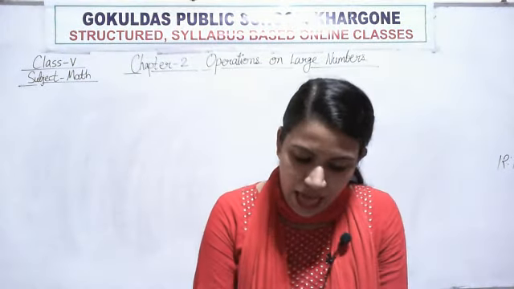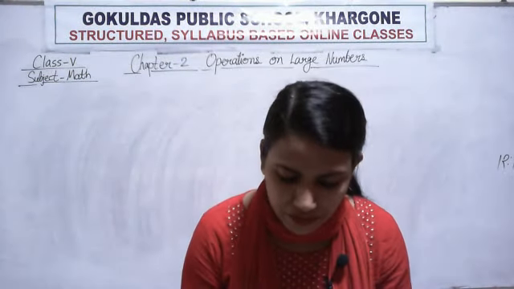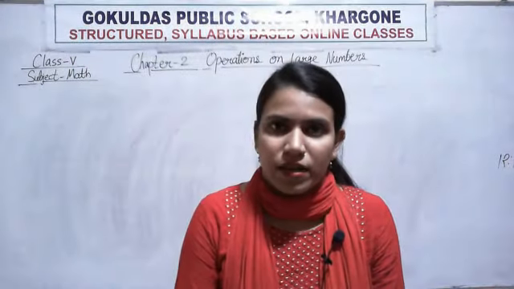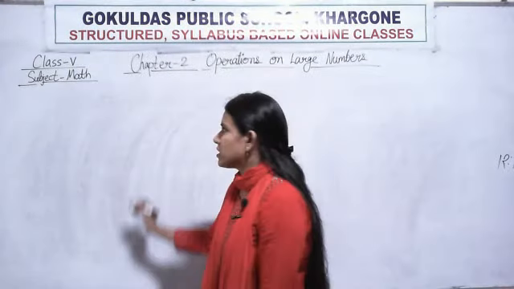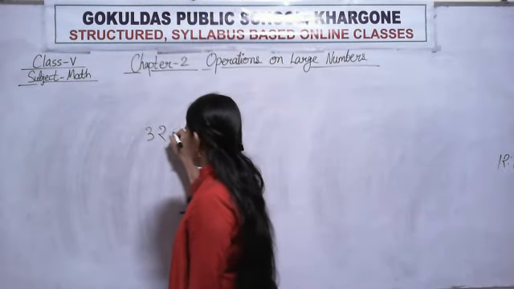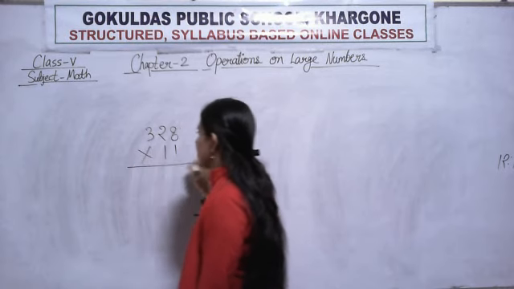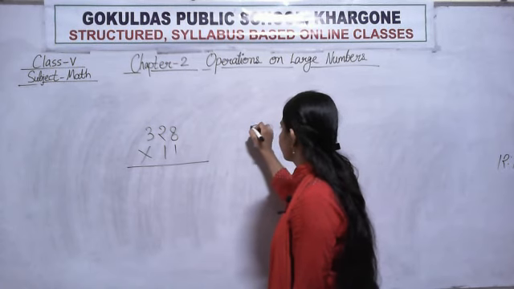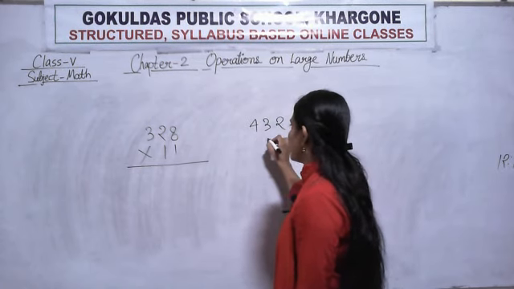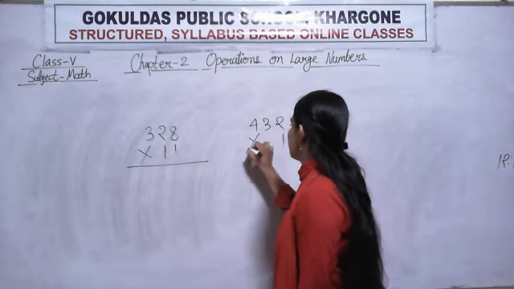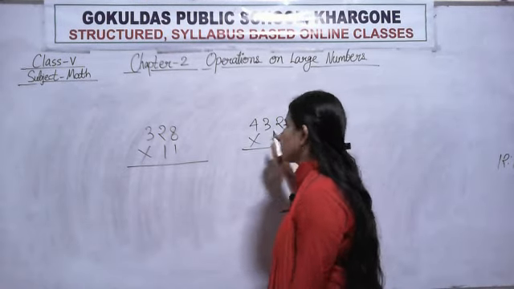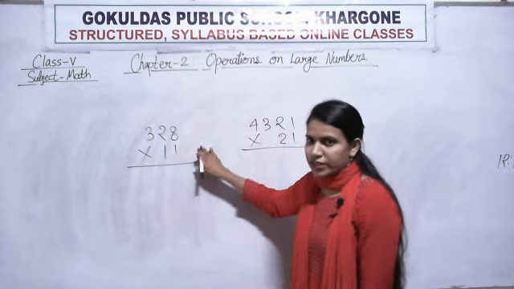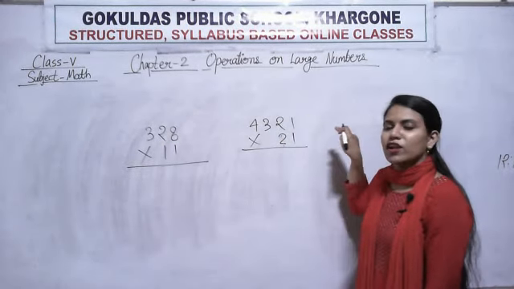We have already learnt how to multiply 3-digit numbers and how to multiply 4-digit numbers by a 2-digit number, right? In your previous classes you learned how to multiply a 3-digit number by 2-digit and a 4-digit number by 2-digit.